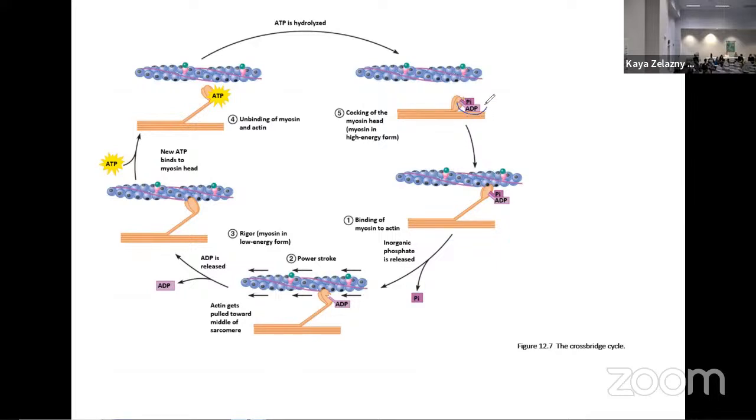We've got that energy ready in the myosin. We're in this high energy form. All we have to do is grab actin, drop the phosphate ion. So we do this power stroke, throwing it towards the center again, and repeat and repeat and repeat until our sarcomere has shortened as much as we want.